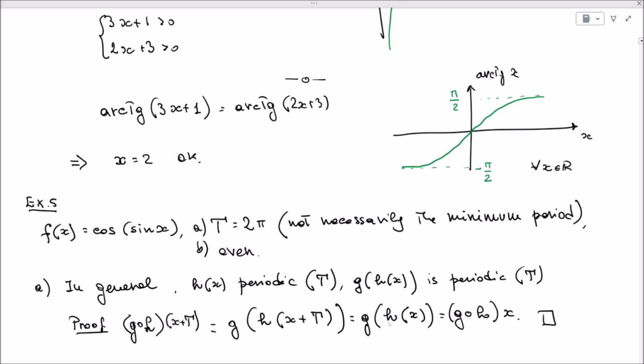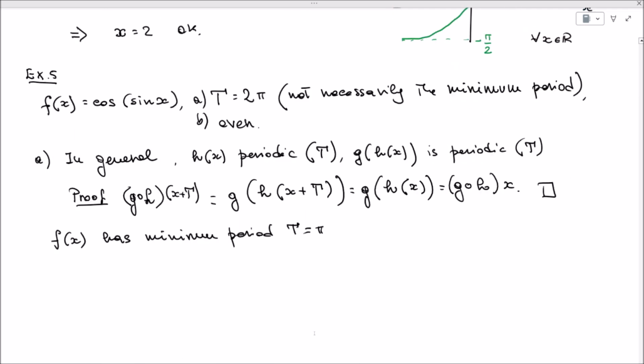Now, in our specific case for f of x, we can see that f of x has minimum period T equal to pi, not 2 pi. Okay, so let's prove this.